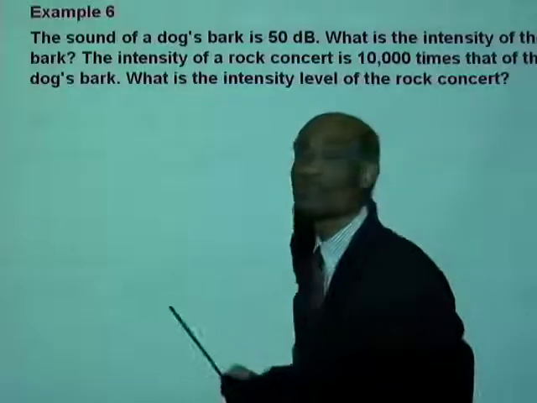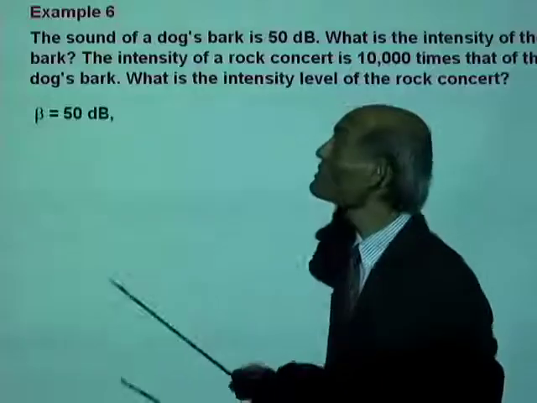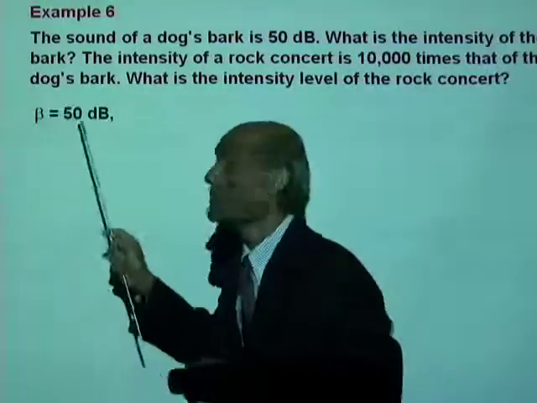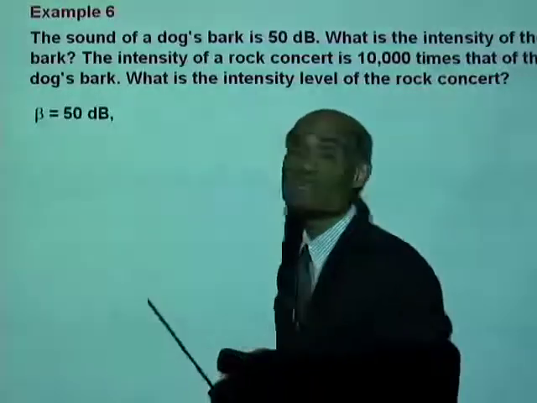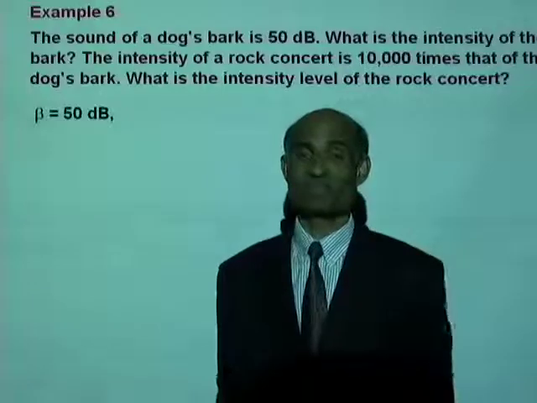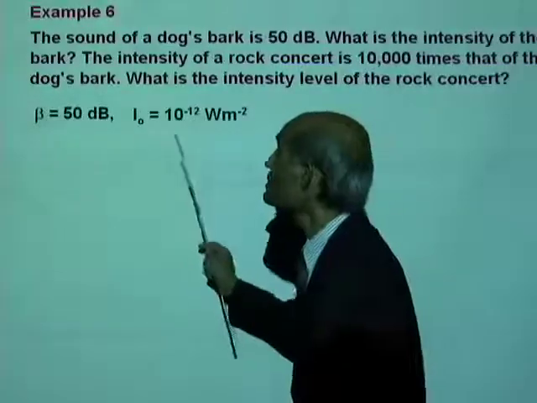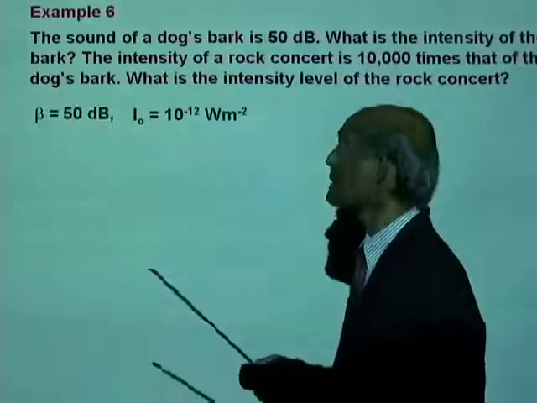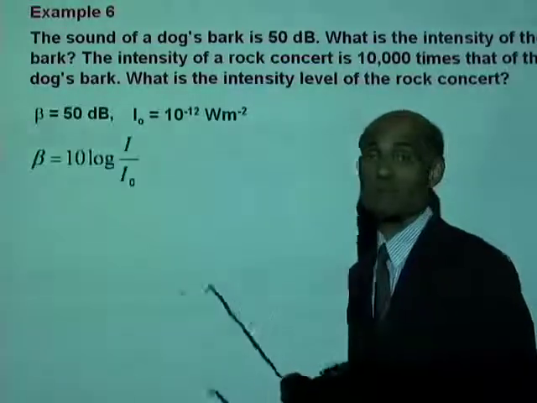Alright, let's start with the first part. What are the things we know? You are given the intensity level, beta equal to 50 decibels. You need to find the intensity of that sound. I0 we know is 10 to the power of negative 12 watt per square meter.